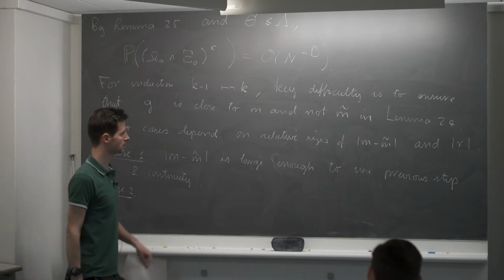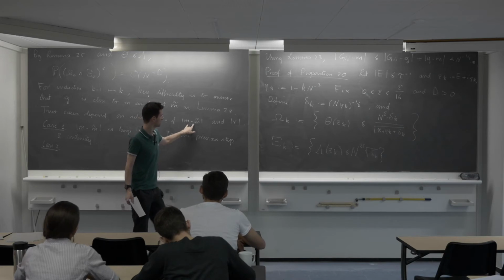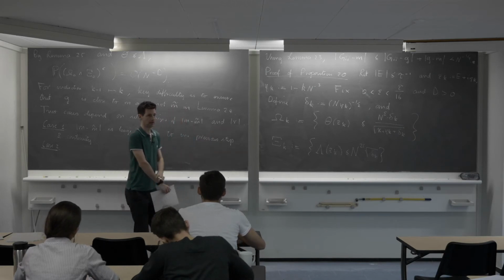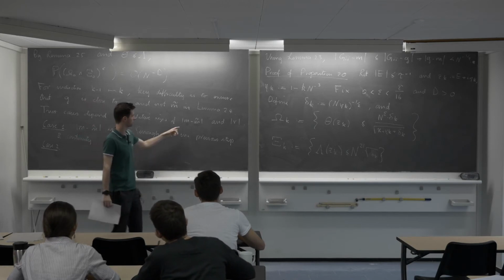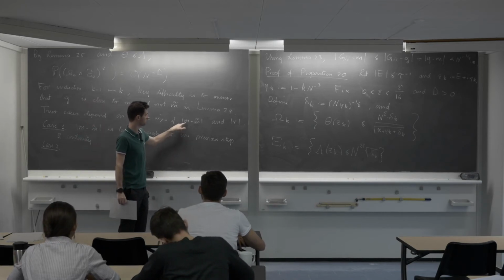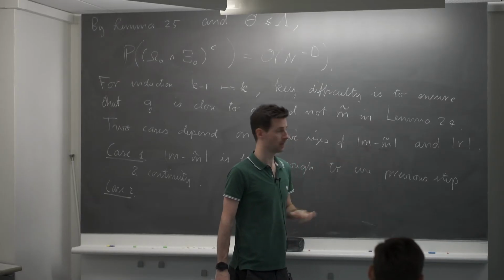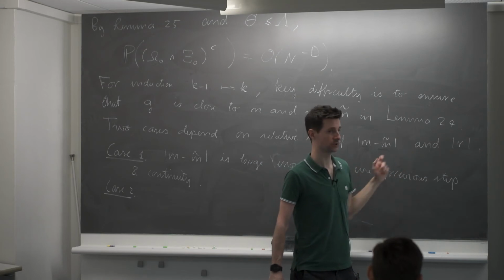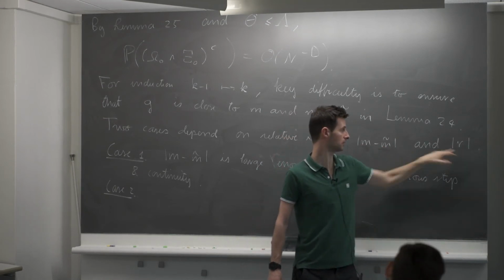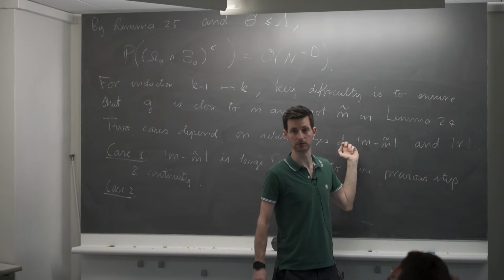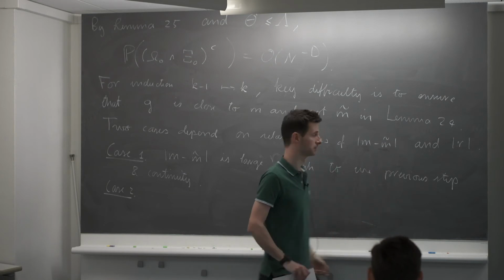The second case is that this is quite small compared to that, and then you can't actually tell. When you enter this case, you may jump from the vicinity of this guy to the vicinity of that guy. But since this is small compared to that one, actually you don't care. You don't care whether you're close to this one or close to that one, because compared to the error term, they are both small anyway. So it makes no difference at all. So you can regard these two things as being roughly at the same point.